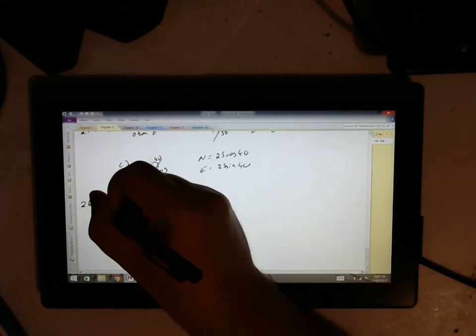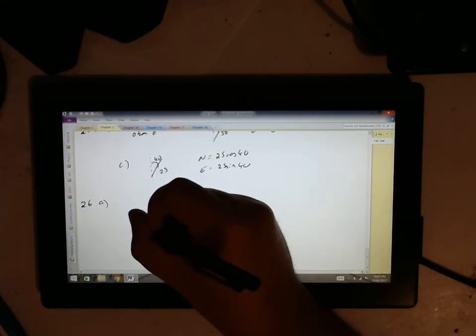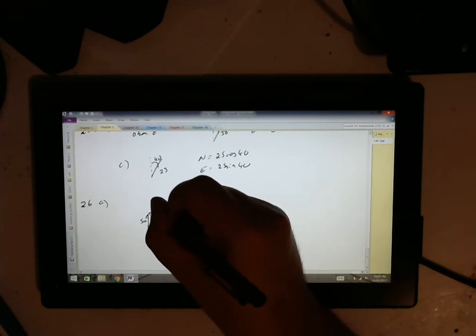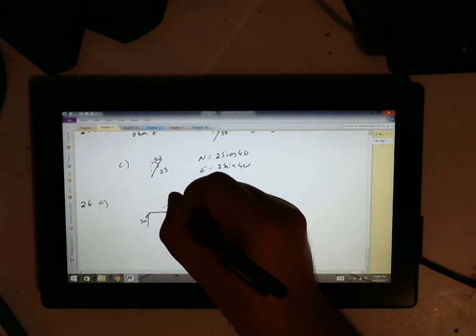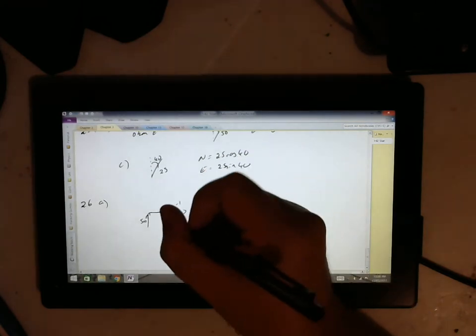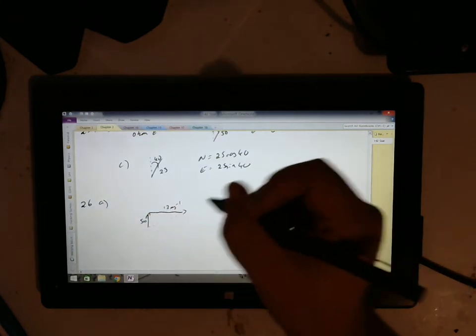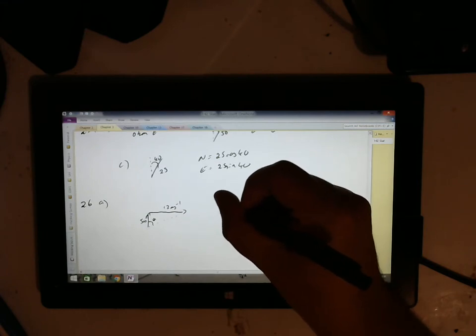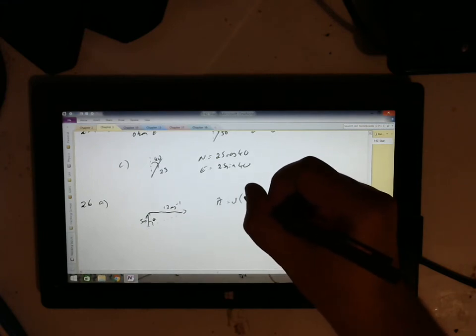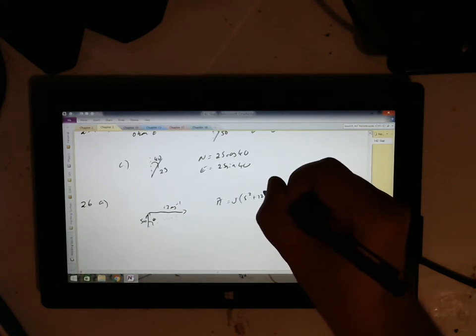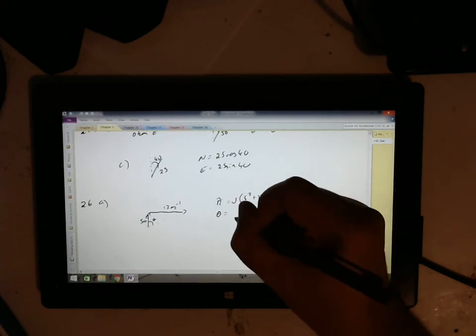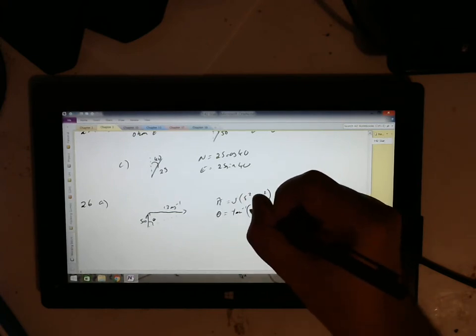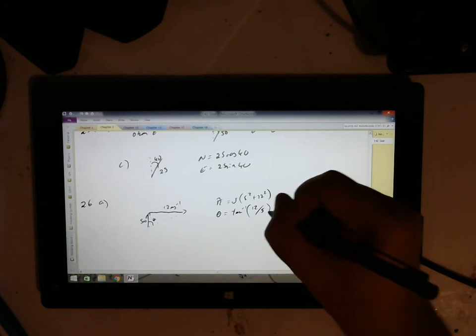So let's draw our vector situation. We have 5 meters per second, and 12 meters per second. I'm going to be using Pythagoras here, and I'll have to work out the angle. So the resultant will equal the square root of 5 squared plus 12 squared, and theta will equal arctan of 12 over 5.